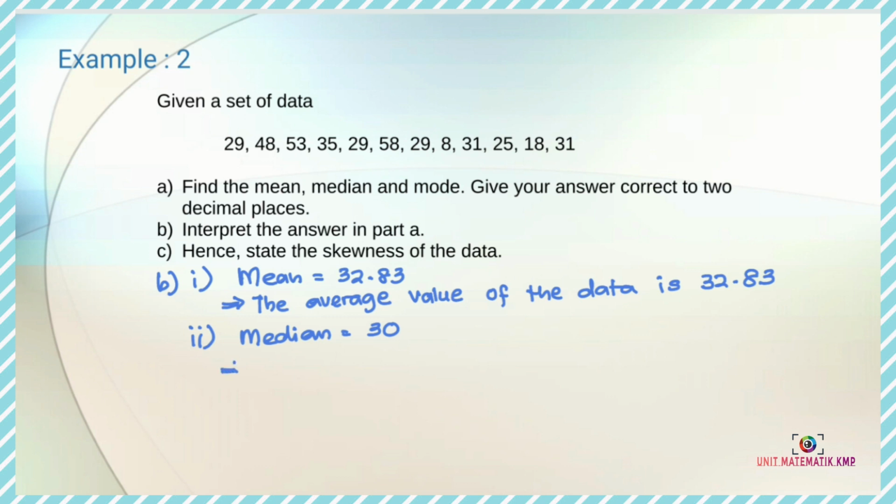Then the interpretation here is 50% of the data is below 30. And the third one, mode equal 29.